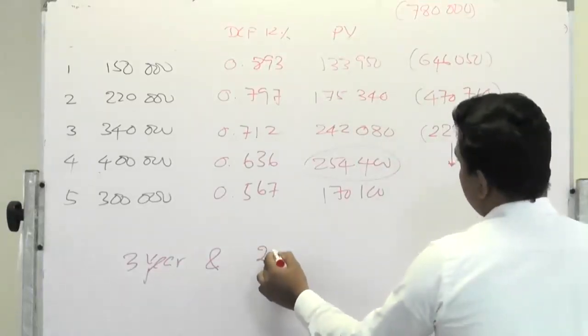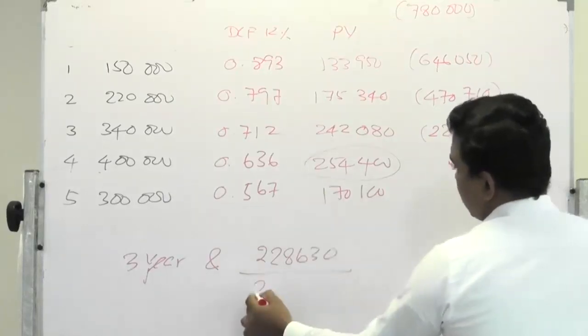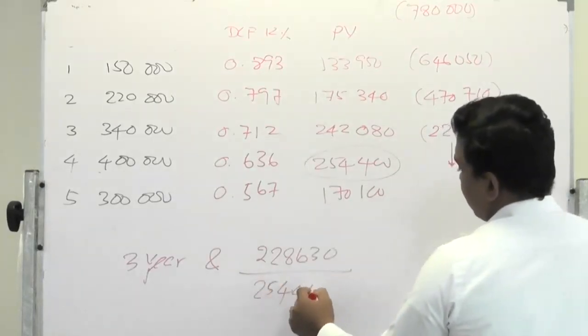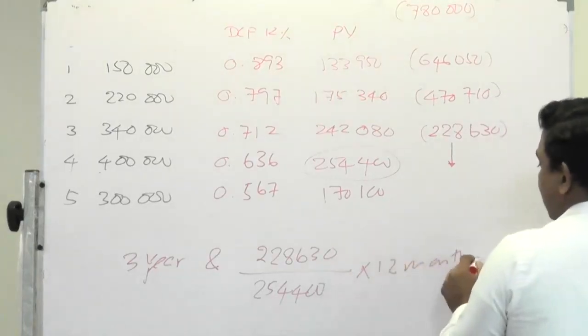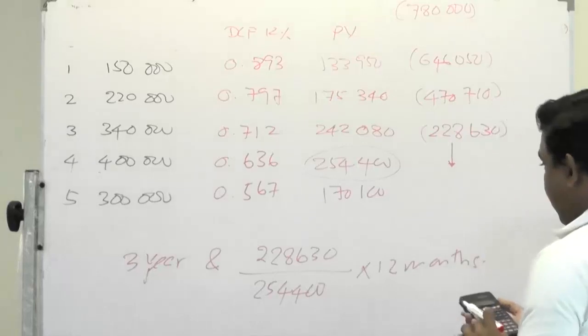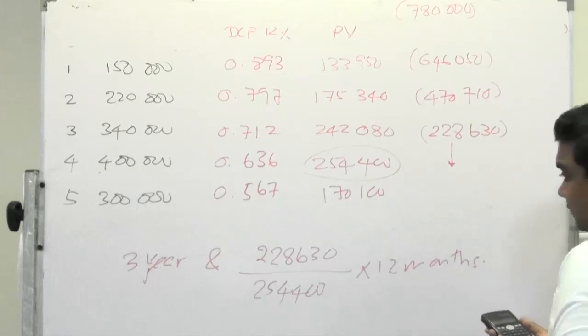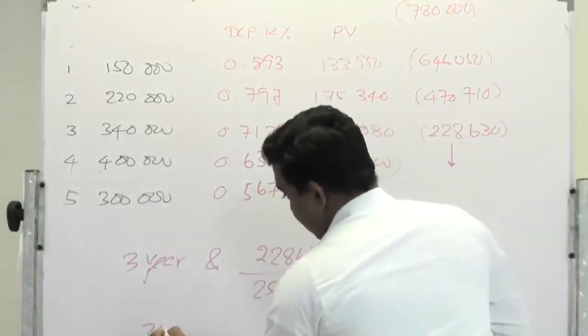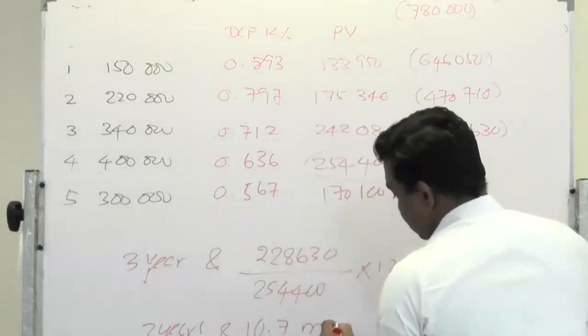You need to recover 228,630 out of 254,400 times the number of months. Let's see the number of months. 228,630 divided by 254,400 times 12. That is 10.7, 3 years and 10.7 months.